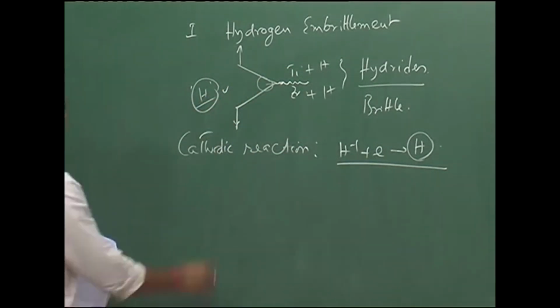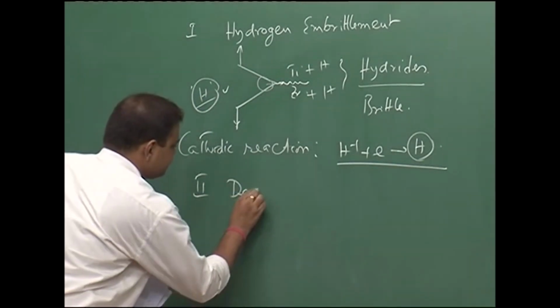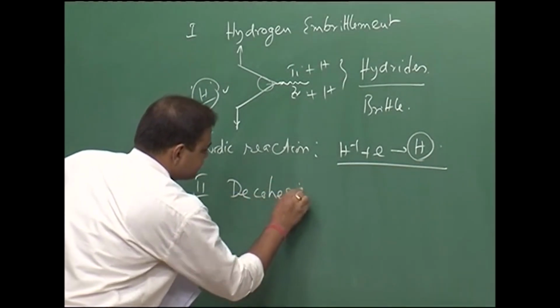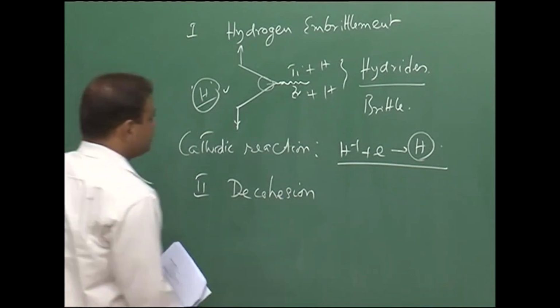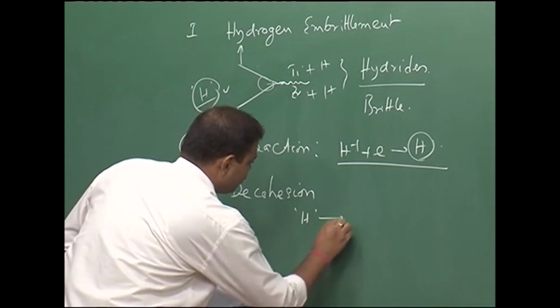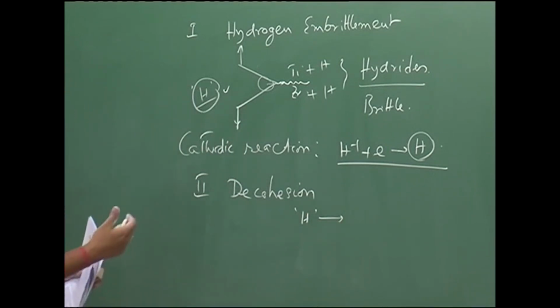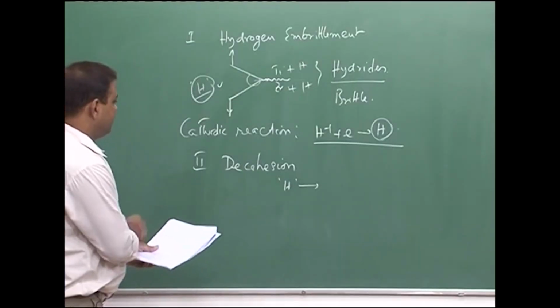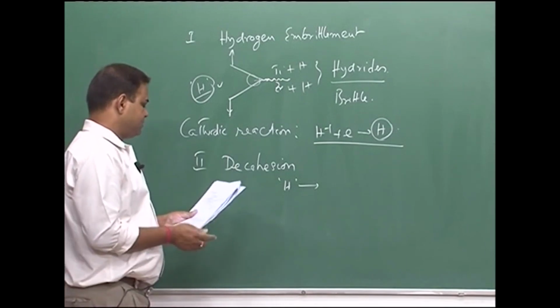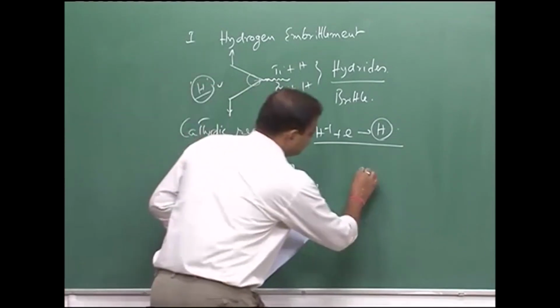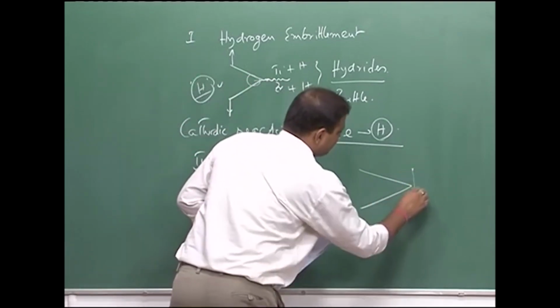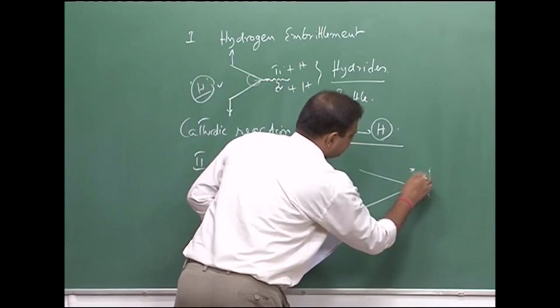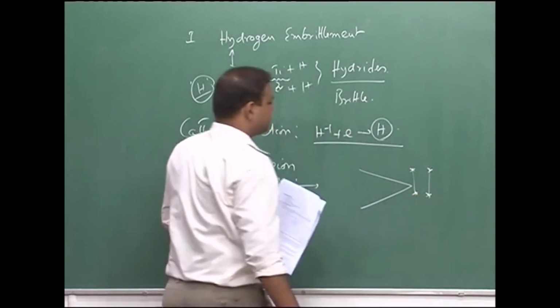The second stage is basically decohesion. Decohesion says that if hydrogen goes into the material, then it reduces the interatomic bonds. For example, you have a crack tip like this, and there are atoms which are bonded like this.